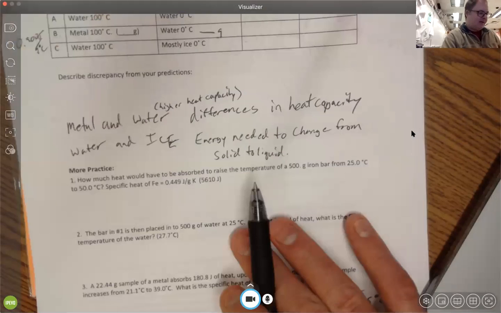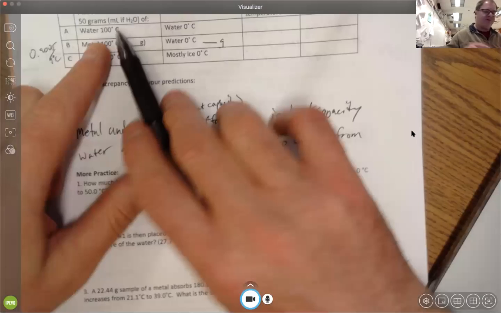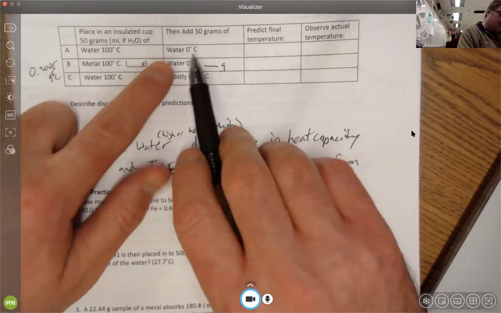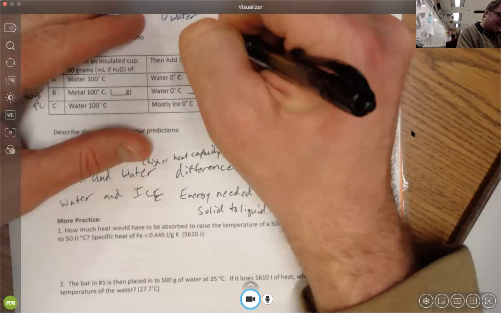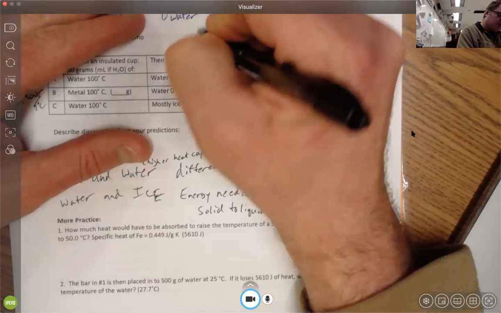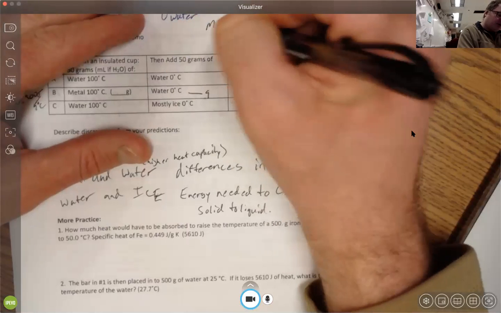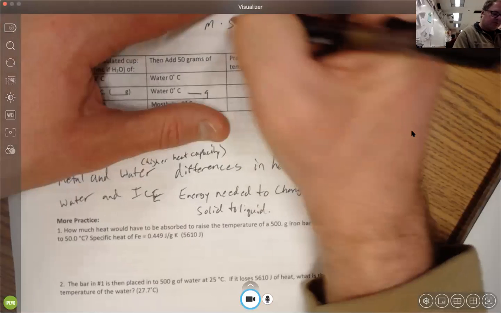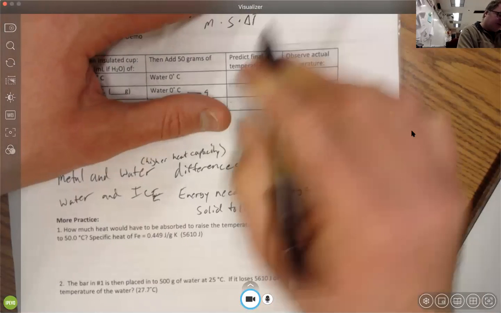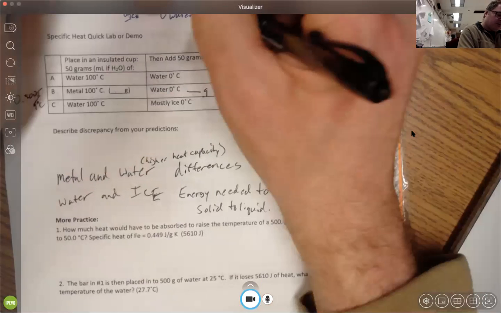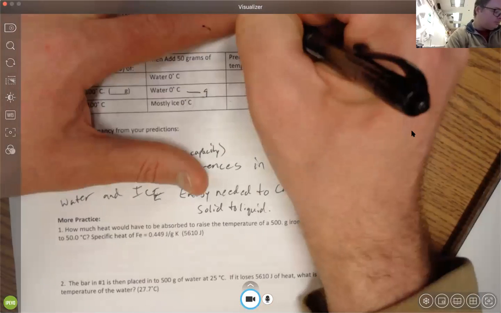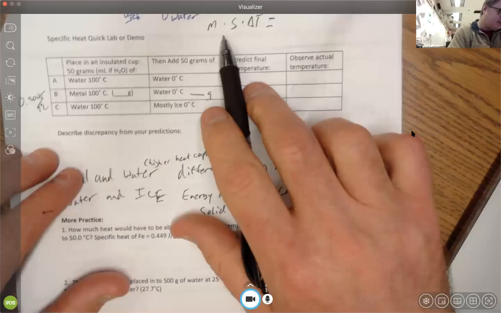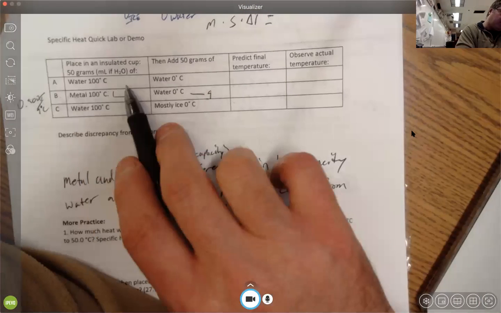If we go back to this, one of the cool things here is we had that water and water. If we were to put that formula together, we would get the mass of each water times the specific heat capacity of water times the change in temperature of one. Let's just say this is the 100-degree water, and the amount of heat this lost equals the amount of heat that the other water gained.